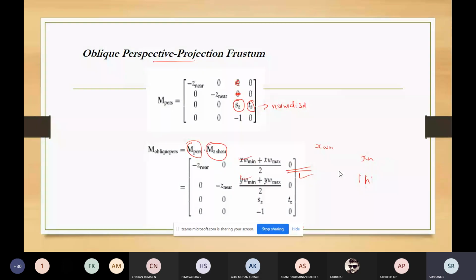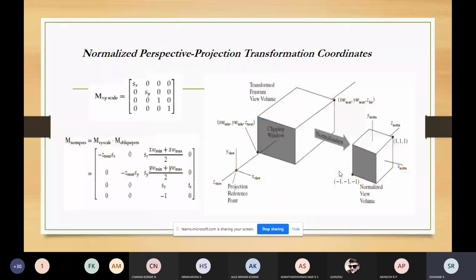So this will be the final step in the perspective projection transformation process, where you are mapping this parallelepiped into the normalized view volume. So you can see the mapping.